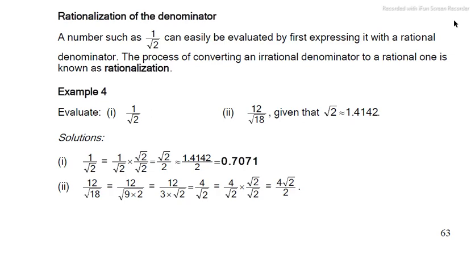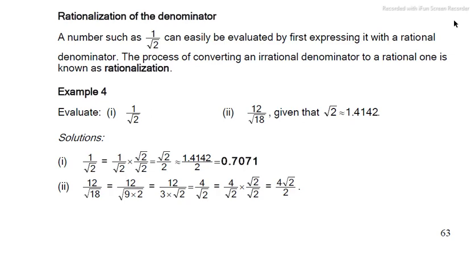How do we do this? We shall do this by multiplying root 2 both up and down. That is to say, if we have 1 over root 2, then we get this denominator, which is root 2, and we multiply it below and above, so that we get 1 times root 2 and root 2 times root 2.